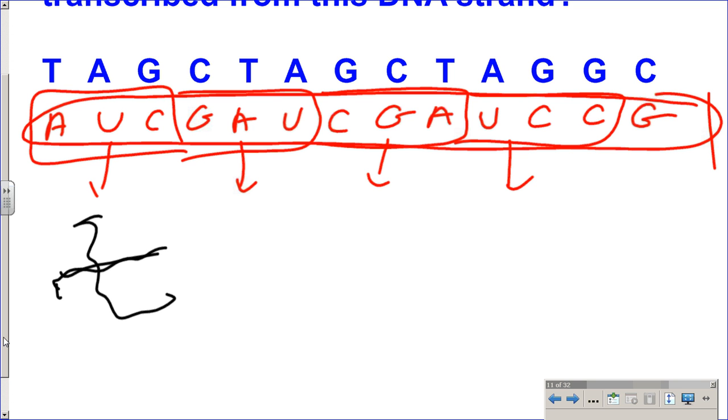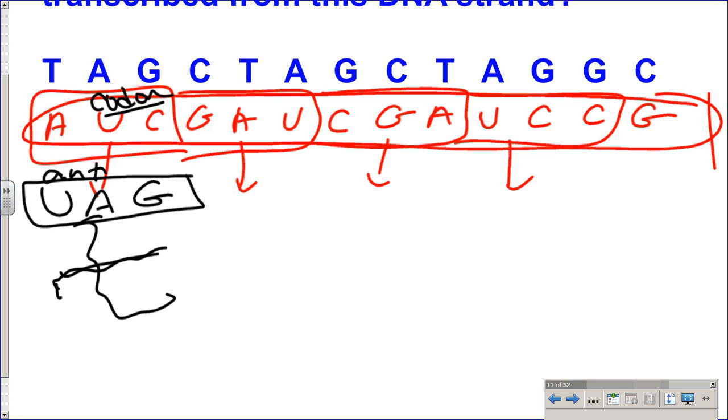The only way it knows where to go is it base pairs with the codon. So what would base pair with the A here? Still dealing with RNA. U, A, because U is like a T, so A pairs with that, and G. Okay, so the codon base pairs with this called the anticodon.